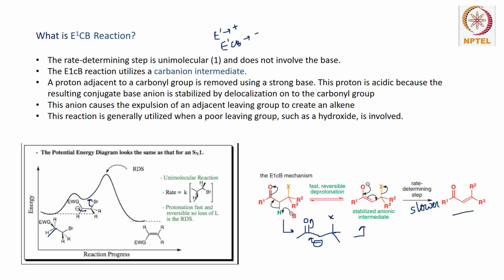The last person who crosses the line will determine the fate of the team, whether the team has won or not. That is what is happening. Whatever step is the slowest step, that determines the fate of the reaction, whether the reaction is slow or fast. So the slowest step determines the rate of the reaction.